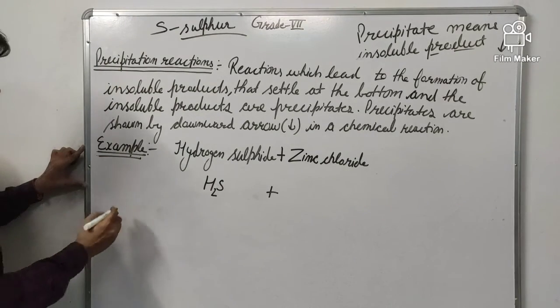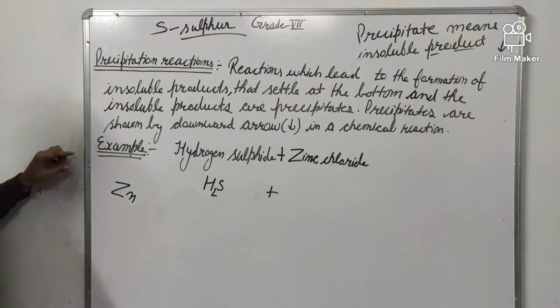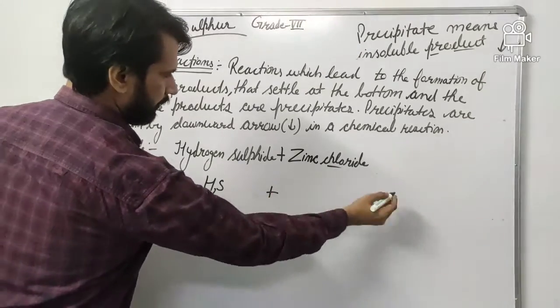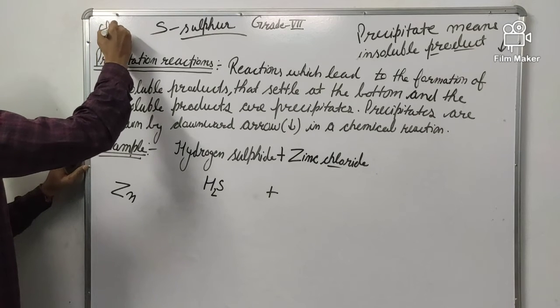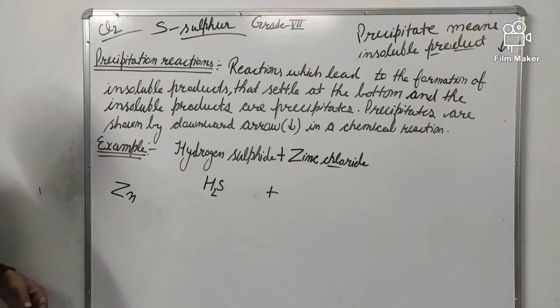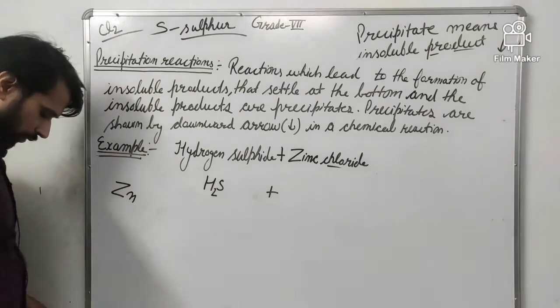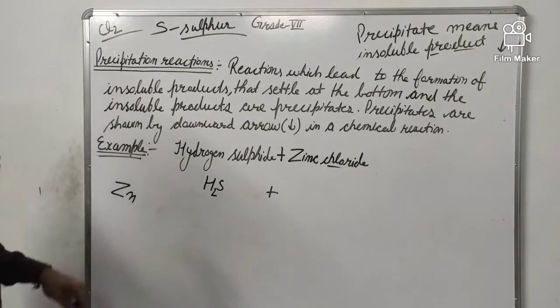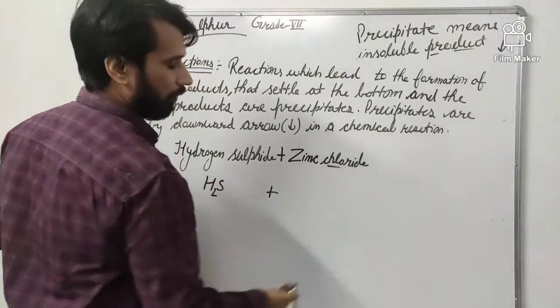Look here, zinc has the symbol Zn. Zinc is also a metal. Second is chloride. Actually chloride is the ionic form. In neutral form it is chlorine and its symbol is Cl2. So whenever chlorine is written in its ionic form, chlorine becomes chloride.